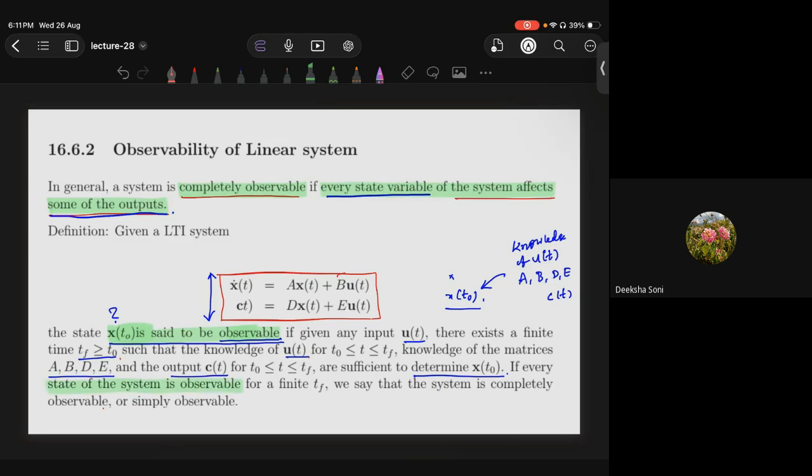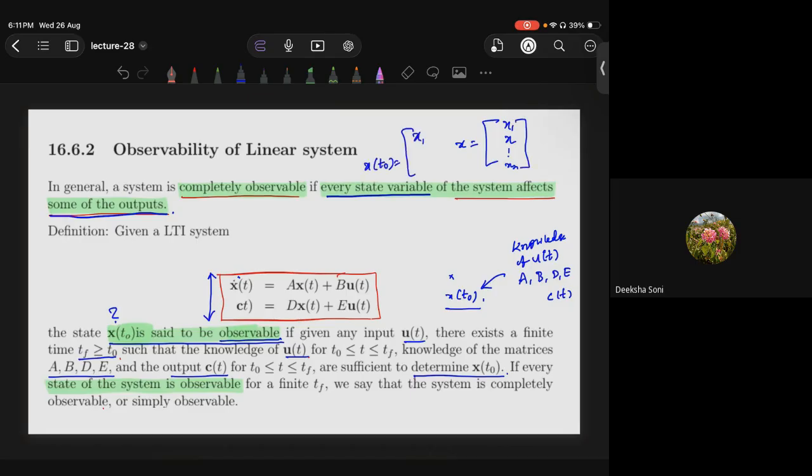Clear? Any doubt? So basically here you are very much interested to find what is my initial state, because your x is nothing but x1, x2, etc., xn. You want to find what is x of t naught at the initial time.